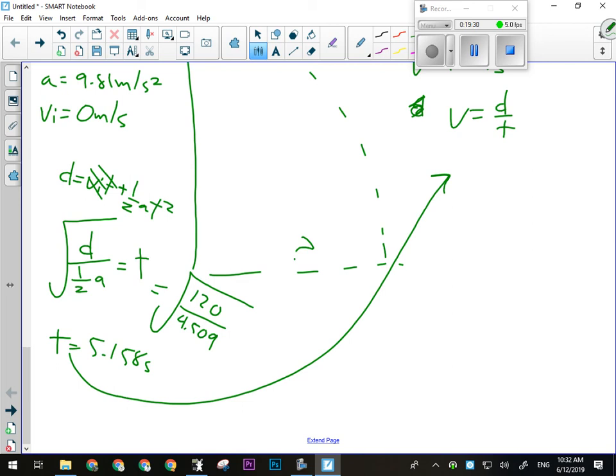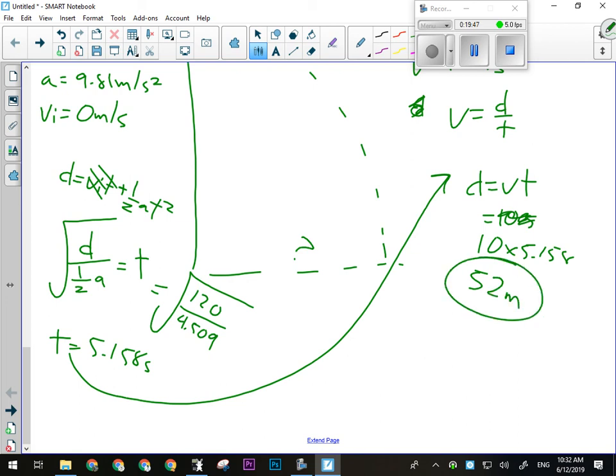That's true for either type of projectile motion. All right, so now I can calculate d by going v times t. So 10 times the 5.158, okay, will give me 52 meters. To two significant figures.